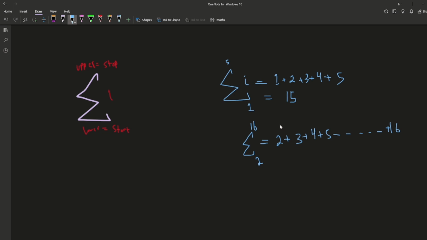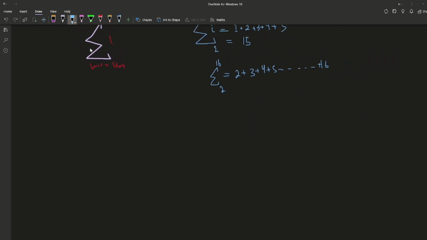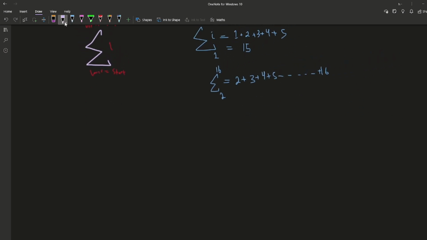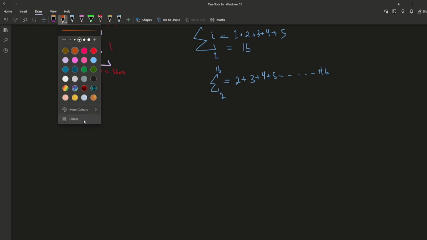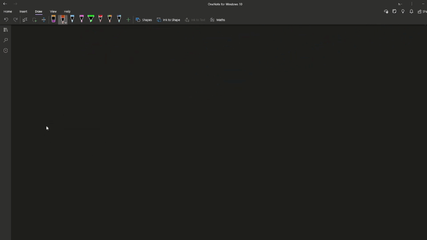But we won't be focusing on numerical summations. We'll only learn how sigma notation is used in polynomials. For instance, we have a polynomial with roots alpha and beta.